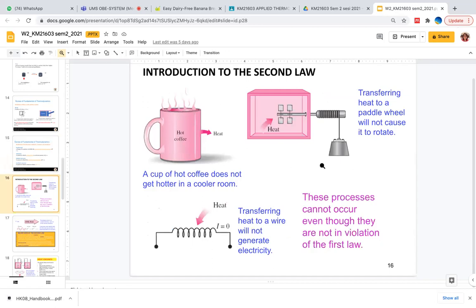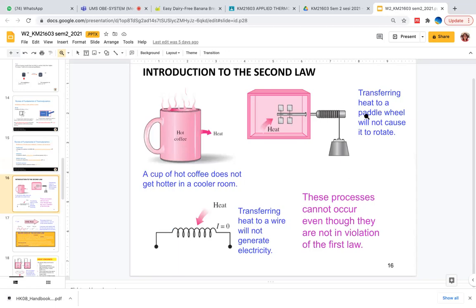So like I mentioned to you, the first law of thermodynamics doesn't have a direction. So for example, the hot coffee rejects the heat. A cup of hot coffee does not get hotter in a cooler room, right? And transferring heat to a wire will not generate electricity.